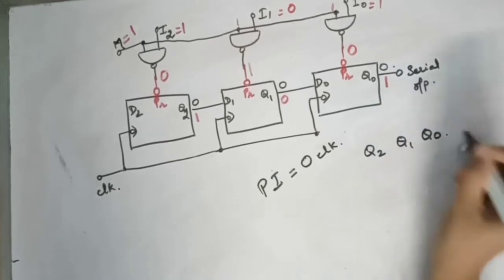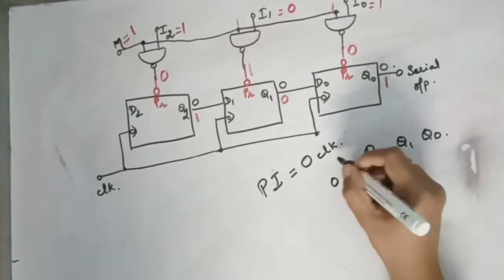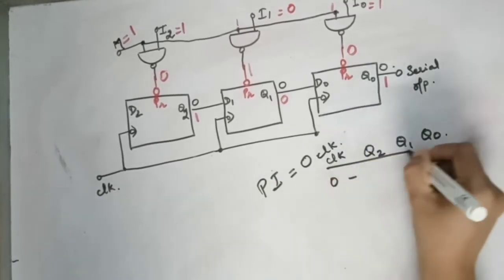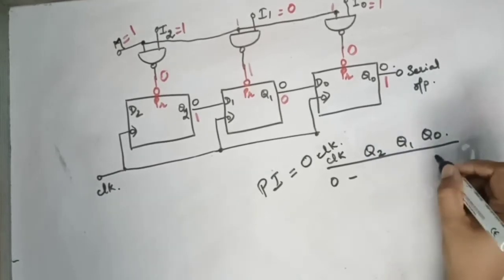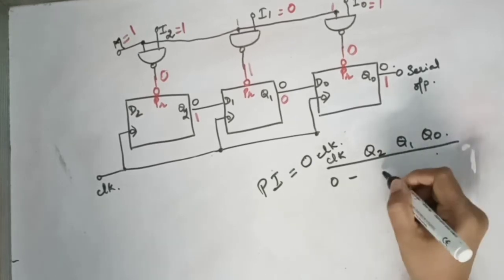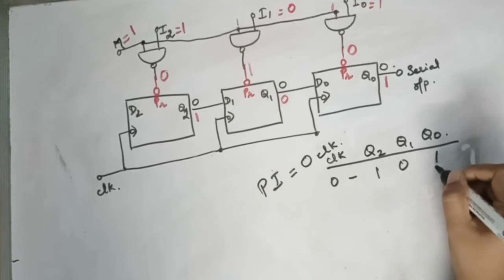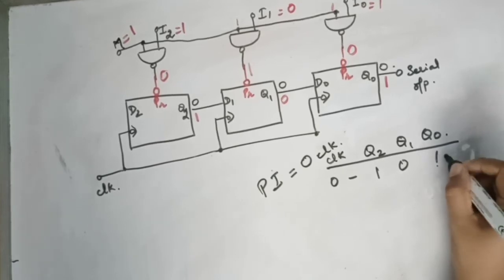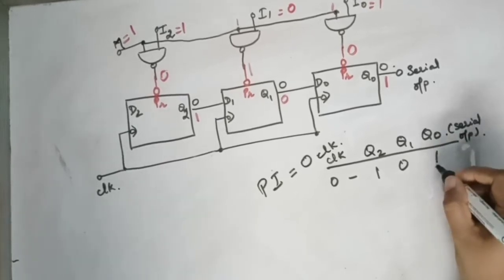Before any clock is applied, I got the first bit in Q0. That is, this was 1 0 1. So this is my first bit, this is my serial out. So this I already got.